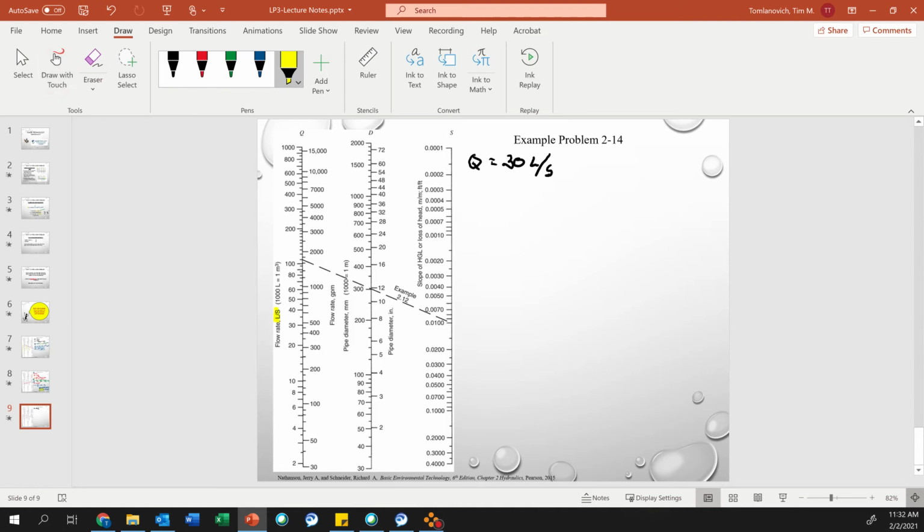If they give you cubic meters per second, you just have to do a unit conversion. There's 1,000 liters per 1 cubic meter. We may have to do some conversion. To carry a flow of 30 without causing a pressure drop of more than 10 kPa per kilometer of pipeline.